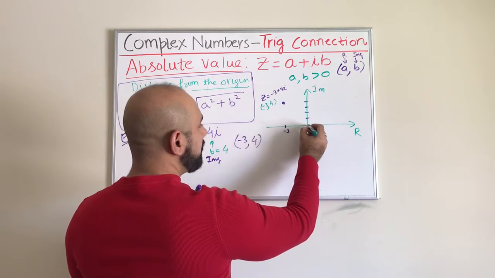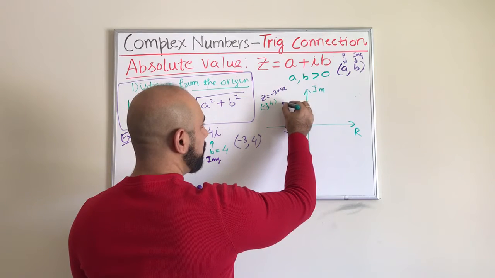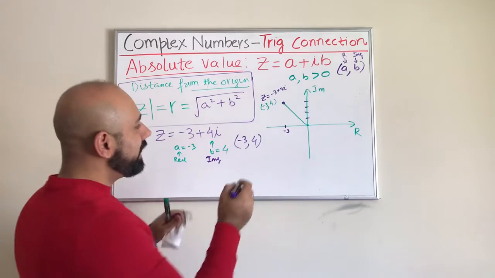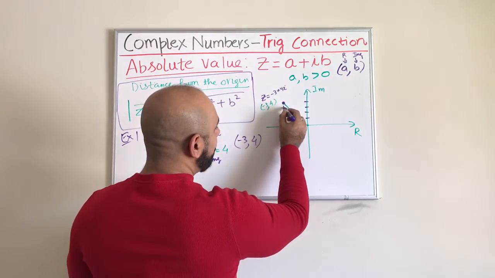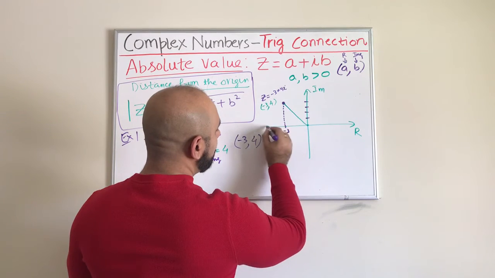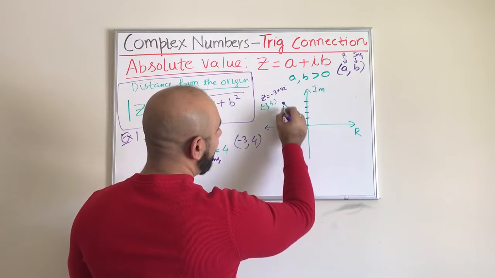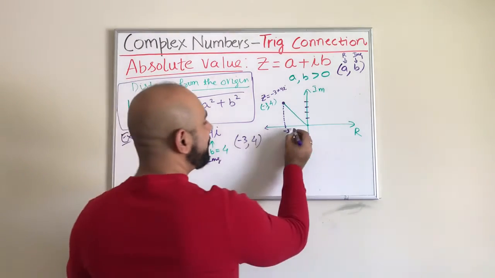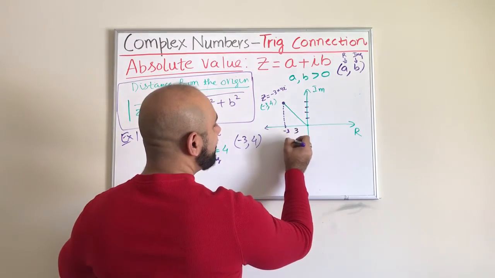Now, in order to find the distance from the origin, the very first thing I'm going to do is just connect this point, the complex number, with the origin. And once I connect it, I can easily see that just by dropping a perpendicular from that point onto this horizontal real axis, what I have right here is a right triangle. And in this right triangle, we know this length is 3 units, okay?